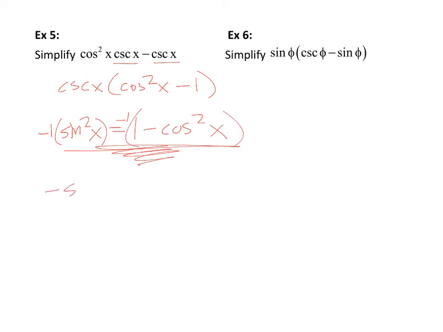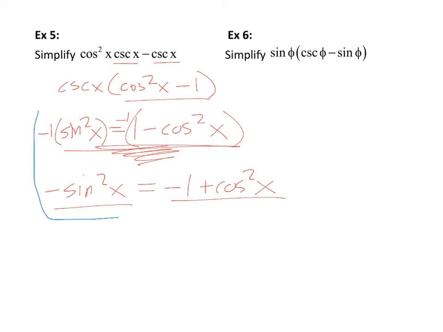So then I have negative sine squared x is equal to negative 1 plus cosine squared x. Now these match up. So I could replace cosine squared x minus 1 with negative sine squared x.